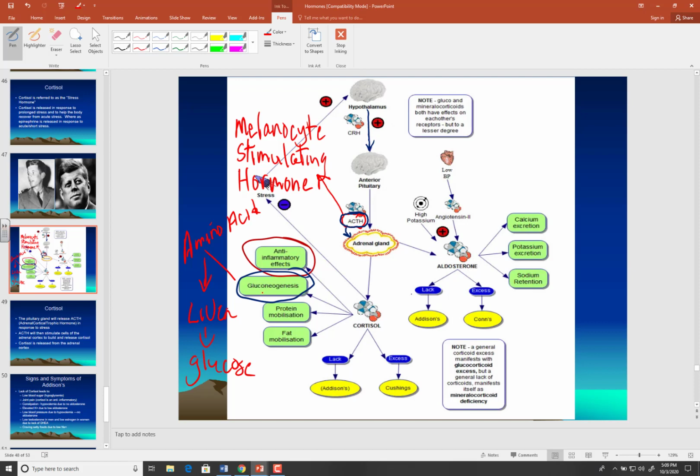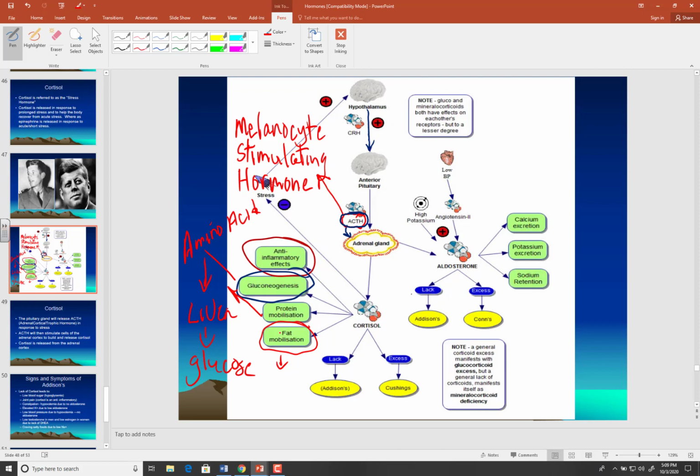And that's the protein mobilization effect too, right? Protein mobilization, breaking down the protein in collagen and then converting it to glucose in the liver. It also mobilizes fat too, and what that means is there's basically fat redistribution with the effects of cortisol, and it tends to deposit fat in the face, in the belly, and in the back.